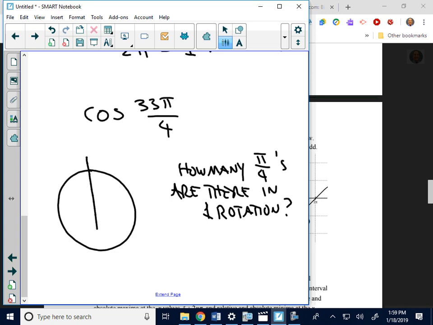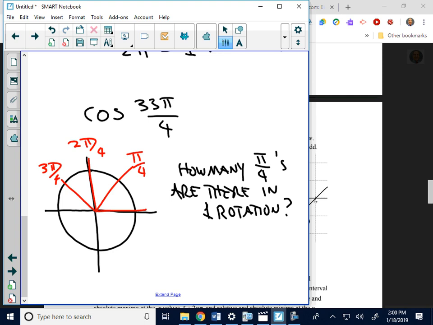Here's 1 pi over 4 right here. That's 1 pi over 4. This is 2 pi's over 4. This is 3 pi's over 4. Remember slicing your calzone into 4 slices? 3 pi over 4. By the way, that was like the previous section's homework.